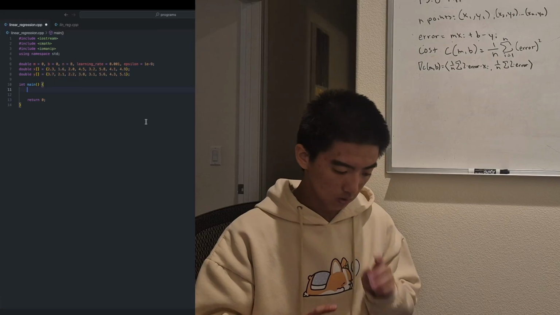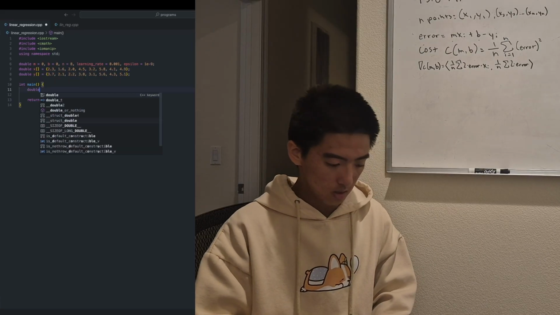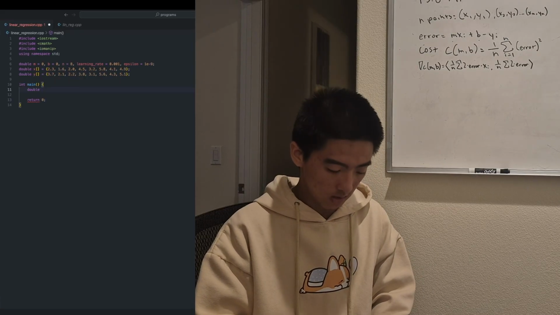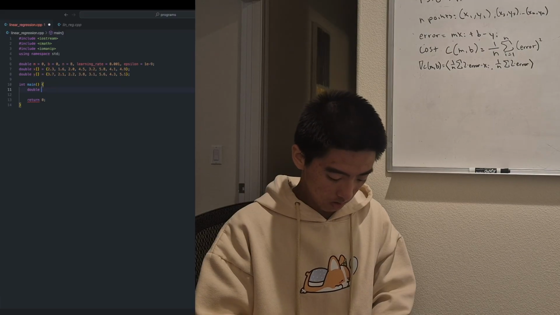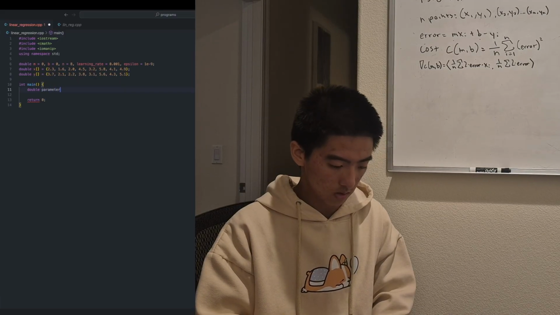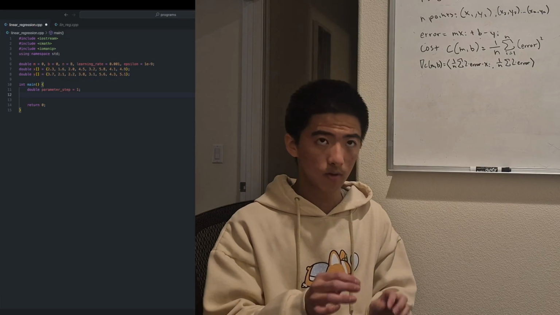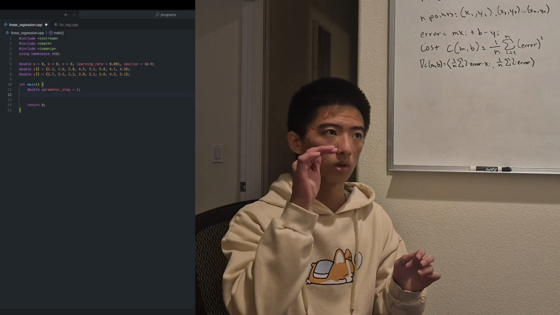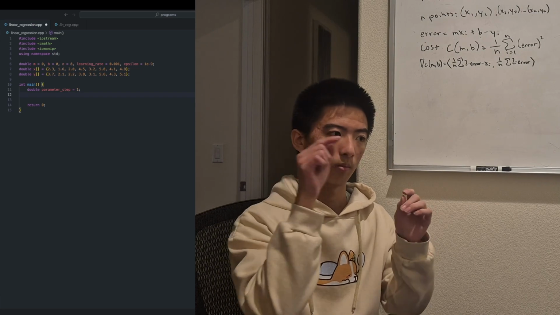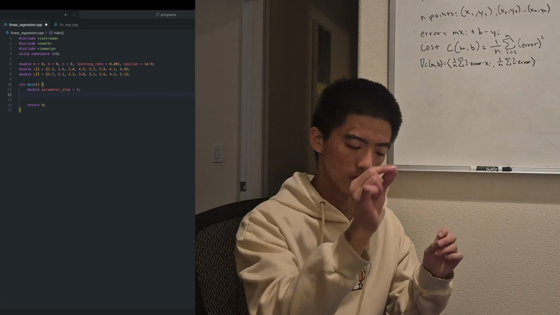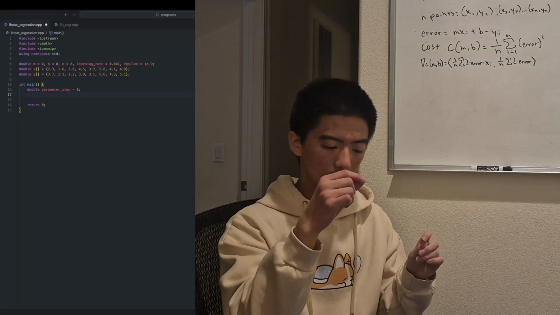Now first we create a parameter step. Let's make this a random size. The parameter step is how much our parameters change when it updates.